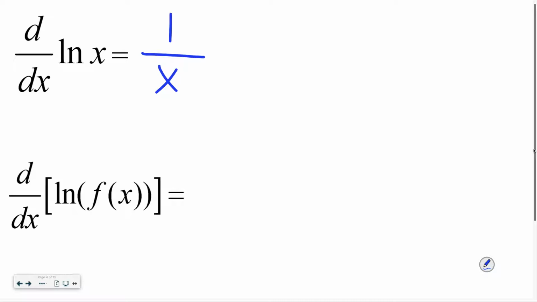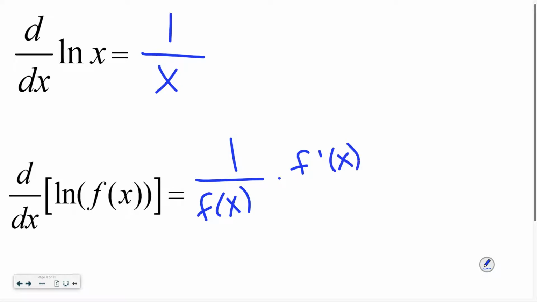The derivative of natural log of x is 1 over x. So the derivative of the natural log of f of x is 1 over f of x, and then times the derivative of the inside, because we do have a composition, we would have to apply the chain rule.